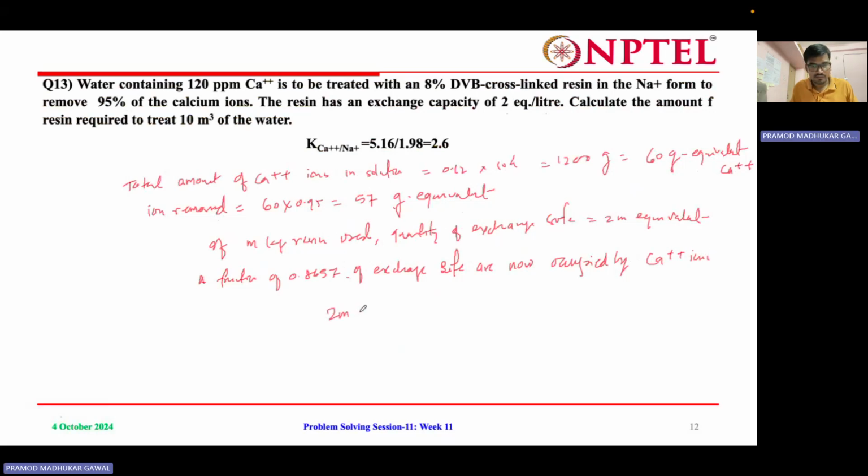So 2m times 0.8657 equals 57. So the quantity of resin is 33 kg. So 33 kg of resin is required to treat 10 meter cube of the water.